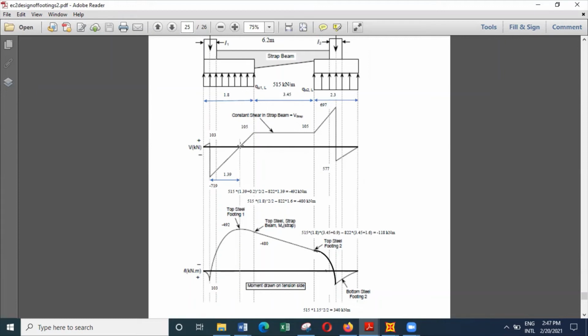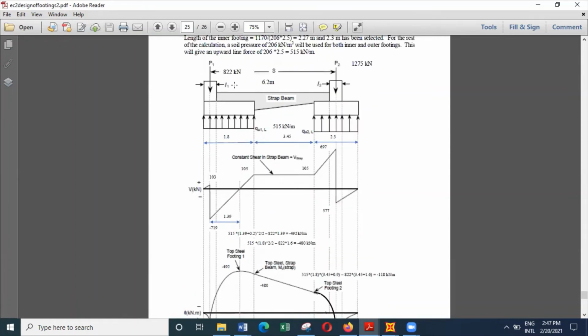And then you can take the bending moment about this point. So that's the point where the shear force is 0. The bending moment here will be, this is 1.39, this is 0.2 meters. So the bending moment here will be 515 multiplied by 1.59 multiplied by 1.59 divided by 2 minus 822 multiplied by 1.39.